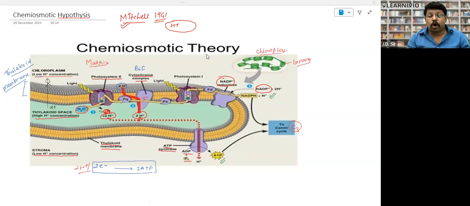One molecule of ATP is formed at the passage of every two hydrogen ions through the ATPase enzyme.